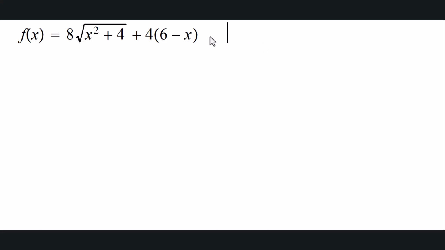So the first thing to do would be what? To just go ahead and find the derivative of the function. Let's do that. If we write the derivative, what we get is this. That is, we will have 8 times the derivative of this quantity.